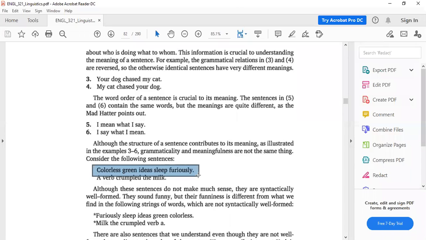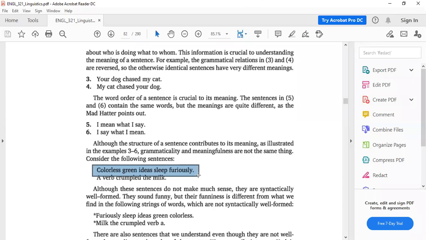Now, syntactically speaking, colorless green ideas sleep furiously is a grammatical sentence, a well-formed sentence, because it conforms to the syntactic rules of word order.